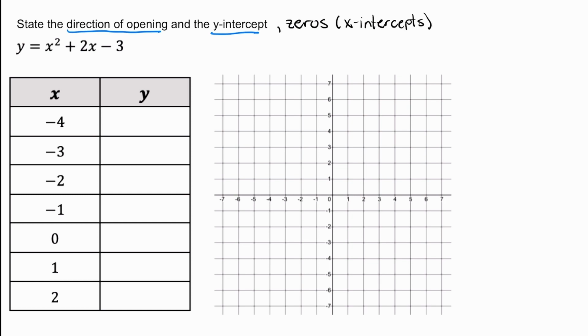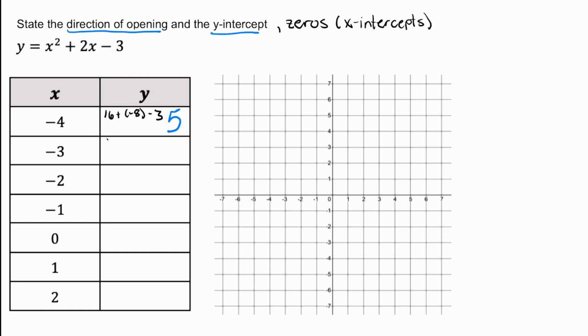So if we fill in this table, we sub in the value negative 4 for x. So negative 4 squared is positive 16. 2 times negative 4 is negative 8. And then minus 3. So the value of that is going to be 5.